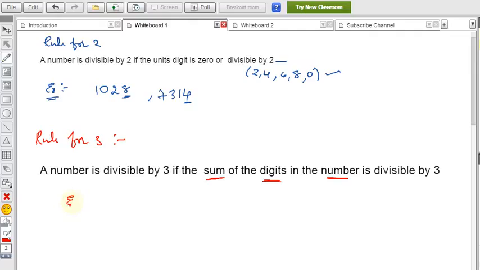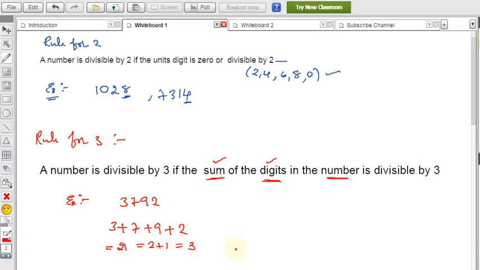Now for example, the number is 3792. We have to check whether it is divisible by 3 or not. According to the rule, sum of the digits: 3 plus 7 plus 9 plus 2. We add all the digits: 10, 19, 21. 21, again 2 plus 1, equals 3.